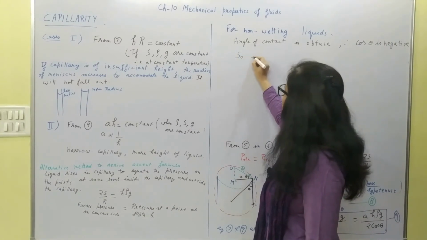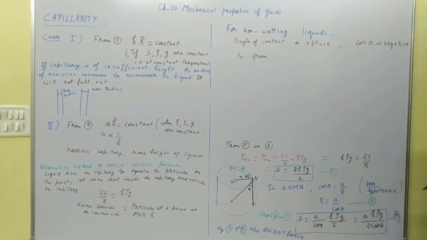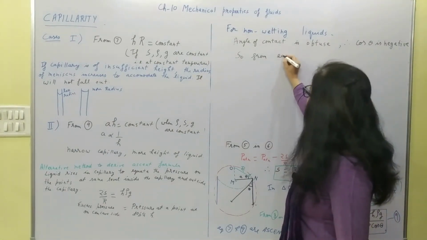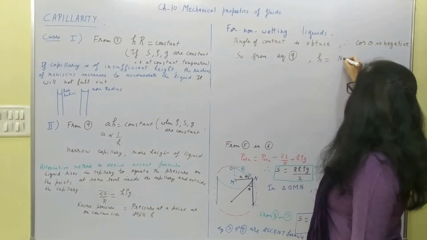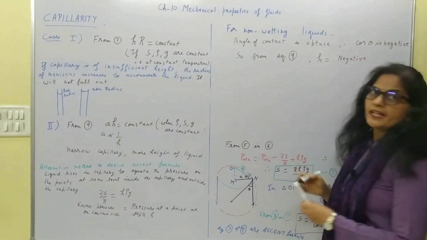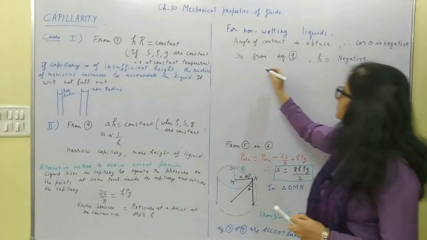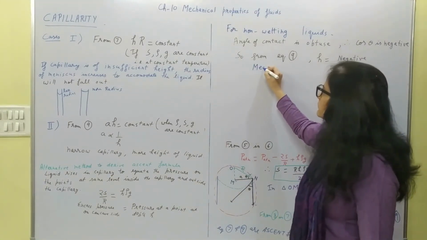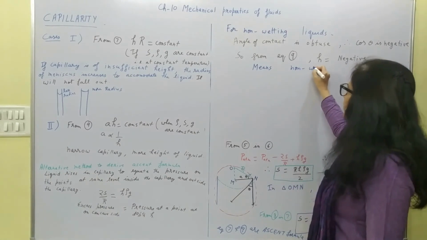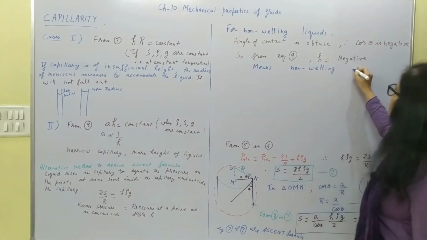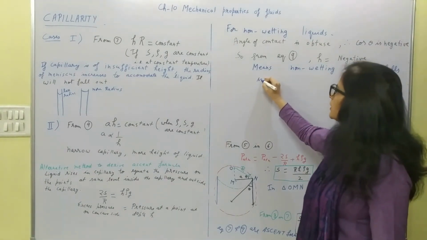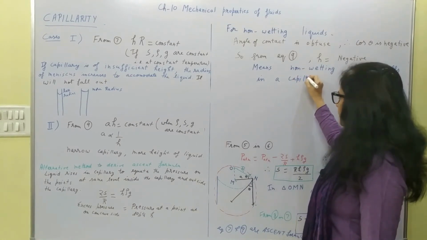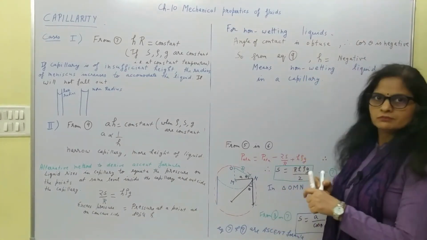So from equation 9, H comes out to be negative. That means the liquid falls. Non-wetting liquid falls in a capillary. For example, mercury.